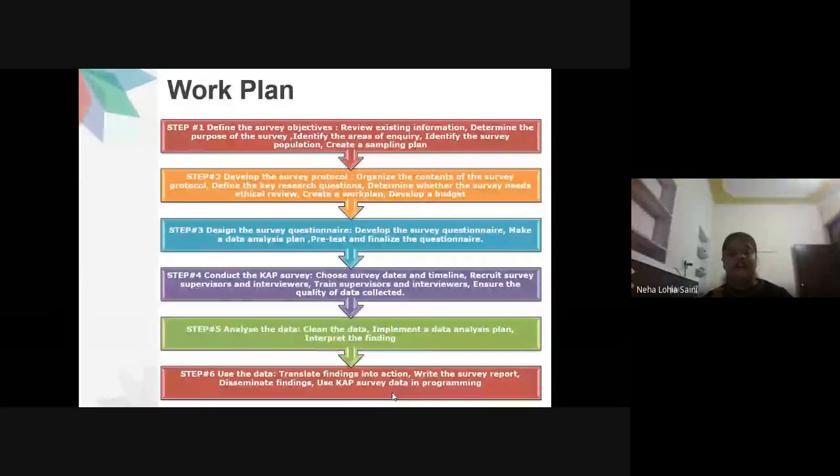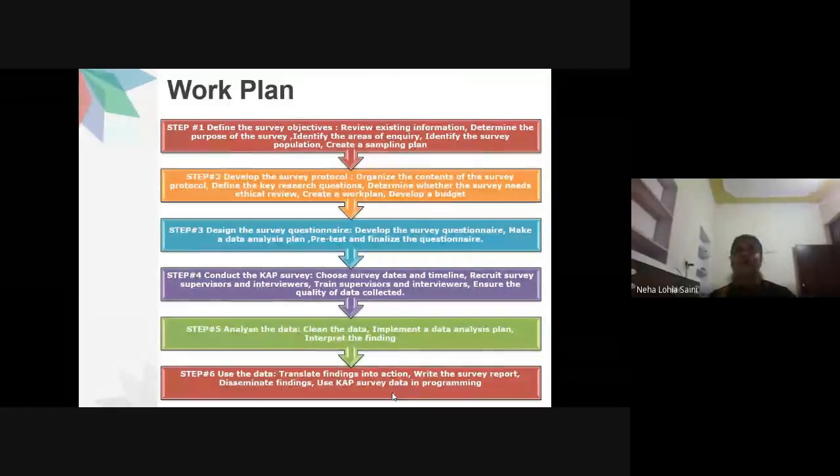Then step 2 is to develop the survey protocol. You defined your survey objective, then you have to develop a survey protocol: how your survey is going to happen. You have to organize the contents of the survey, and for that you will have to define your key research questions. You have to define your hypothesis, and then you have to determine whether the survey needs ethical review.